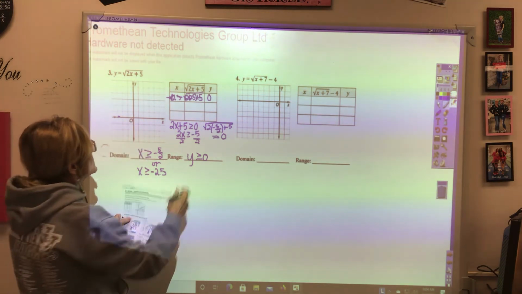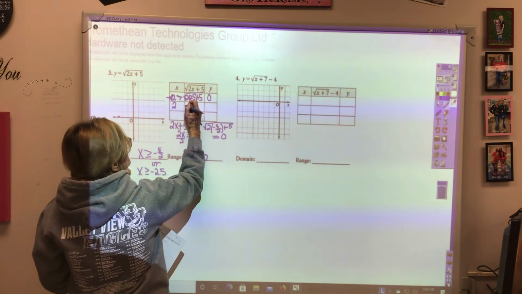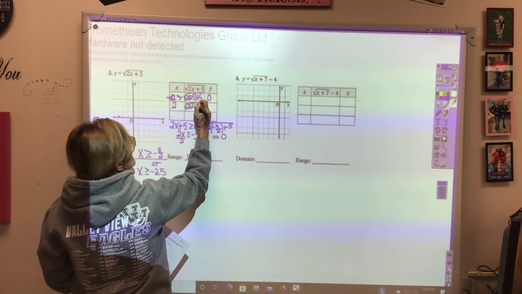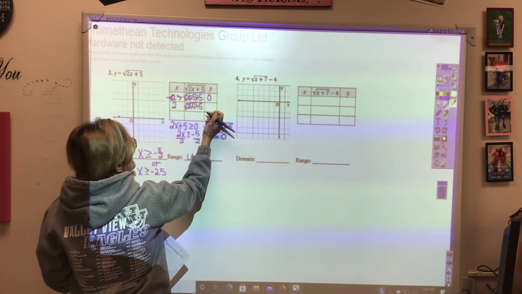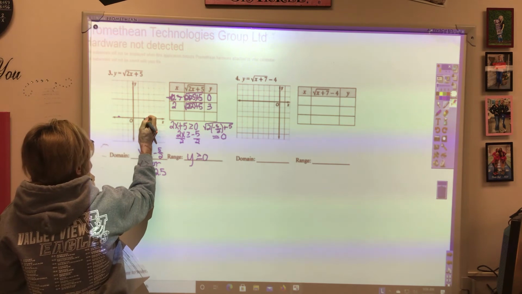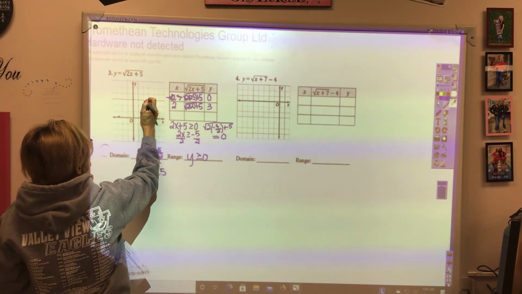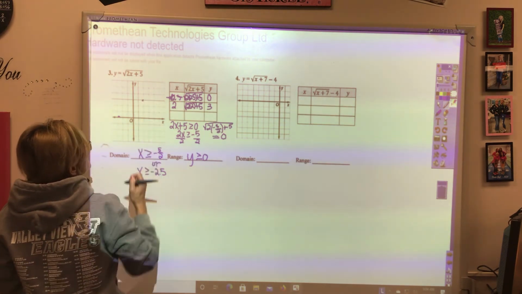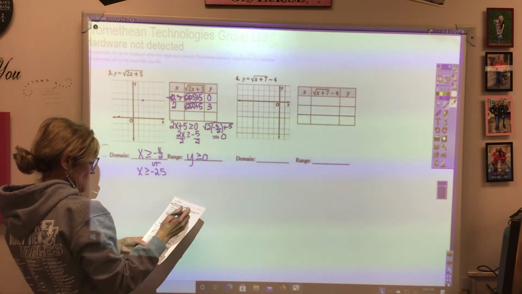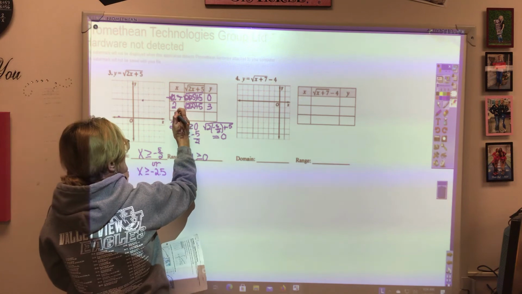I just plugged in a 2 because 2 times 2 plus 5 is 9, and the square root of 9 is 3. So I knew I'd have a point at 2, 3. And then the third number I plugged in was a 5.